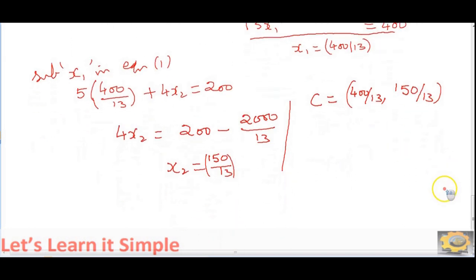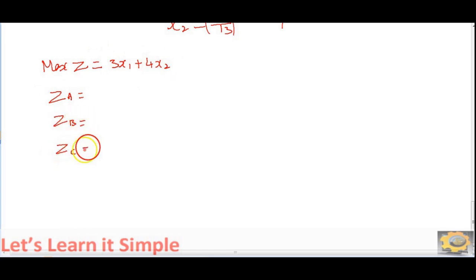Now we need to get the value for the objective function. The objective function is max z equal to 3x1 plus 4x2. So we need to find the values at A, B, C, D, and also at E. Let me write those values here.